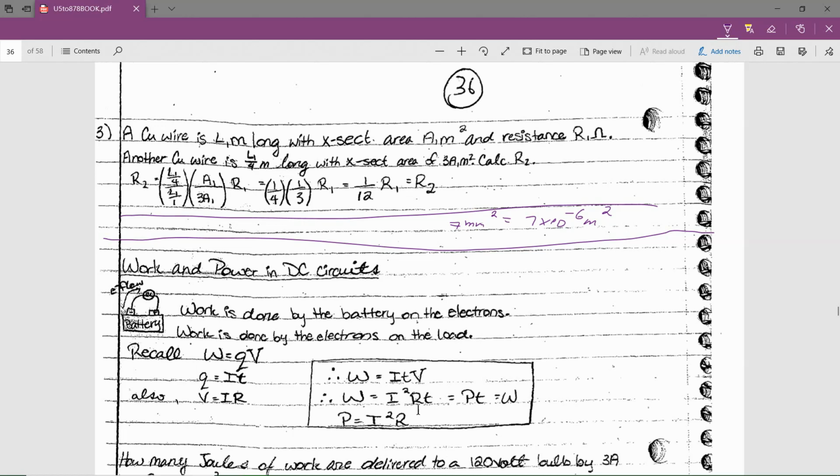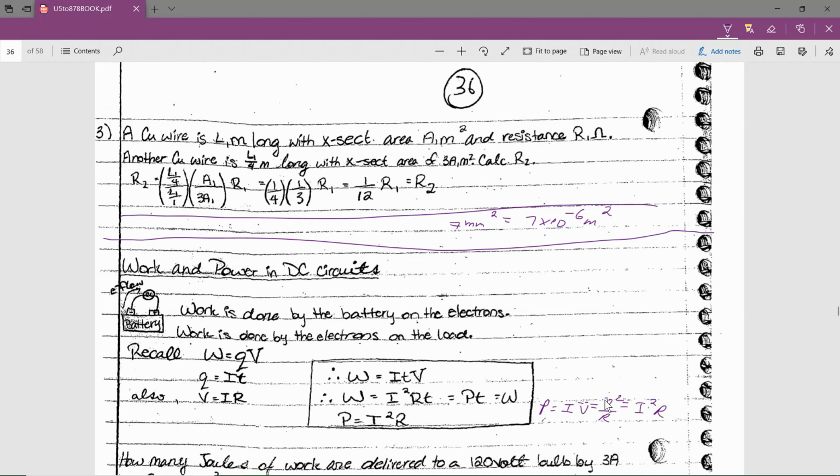So power equals I squared R. We can also write power as IV or V squared over R. So electrical power can be written as any of these three equations. Which one you use depends on which one is most convenient.